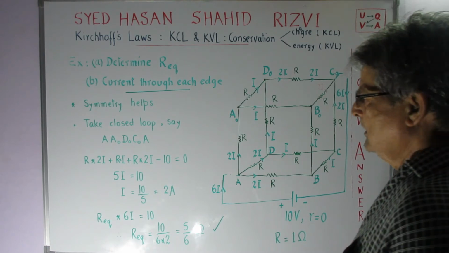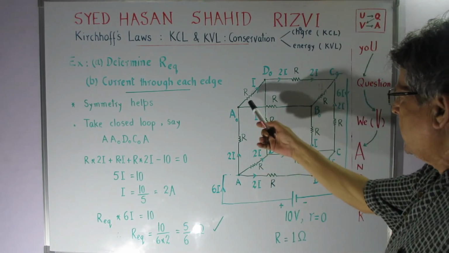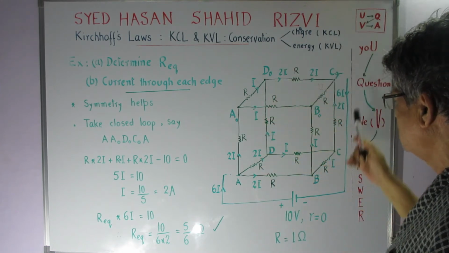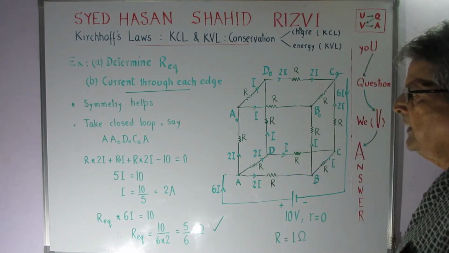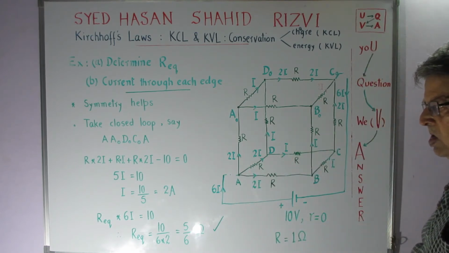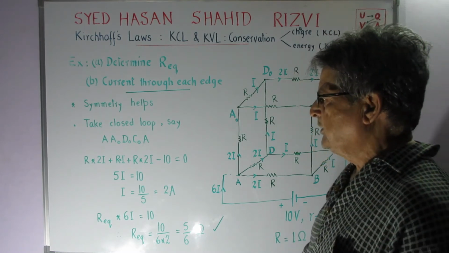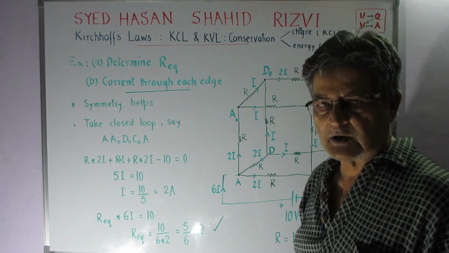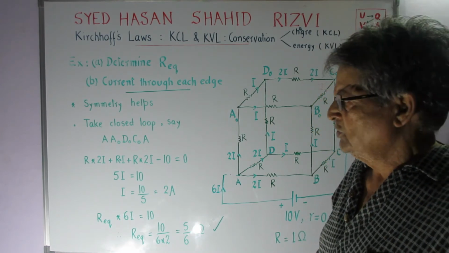So look here, I take, for example, A to A naught to D naught to C naught and back to A. Now I am going to write it for fall of potential. You can write it for rise of potential, there is no problem.